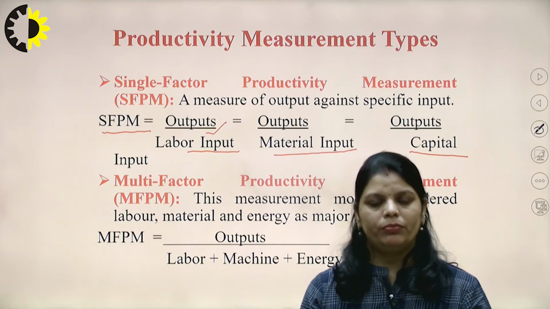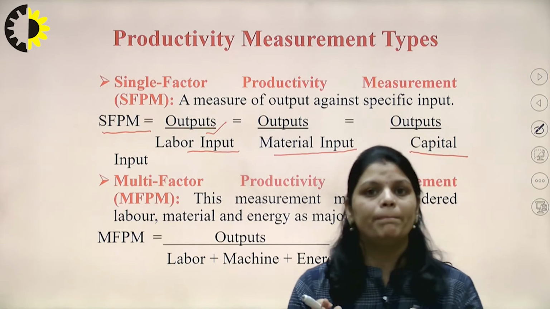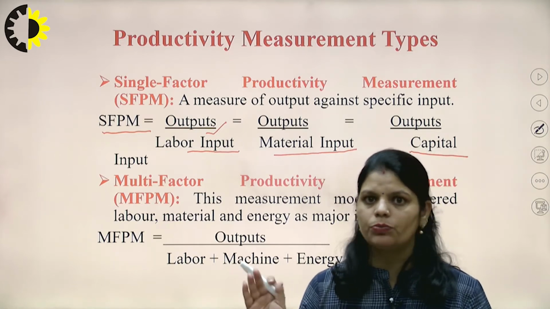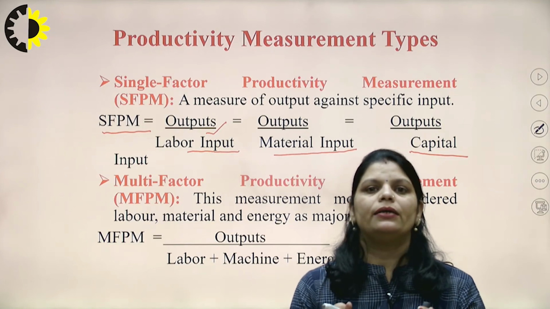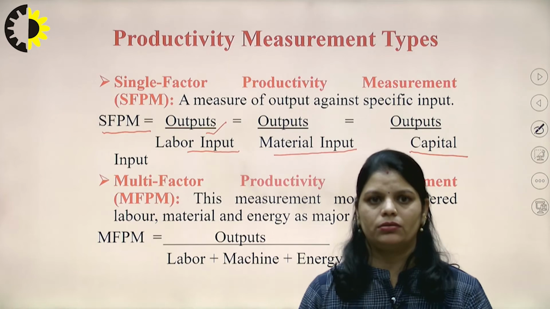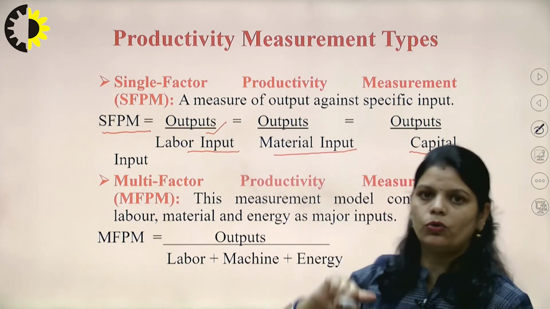Here the chances of improvement against a particular input factor are maximum. But if we talk about the disadvantages of this measurement, it does not reflect the overall performance of an enterprise, because we are measuring the output against a particular input.